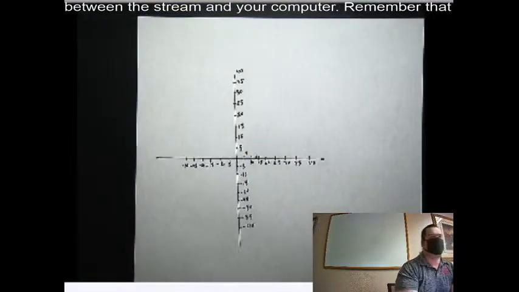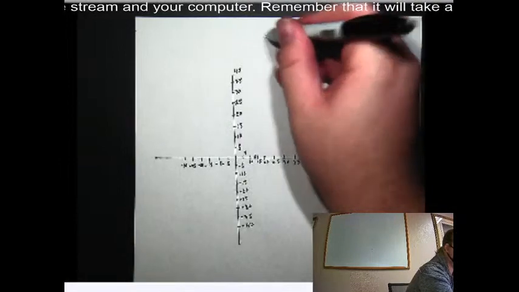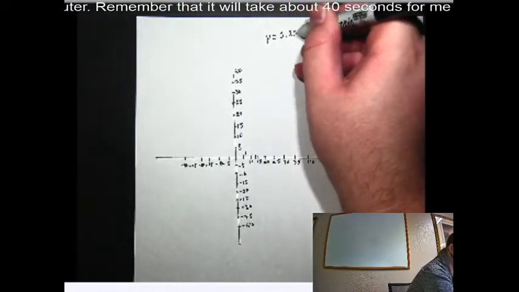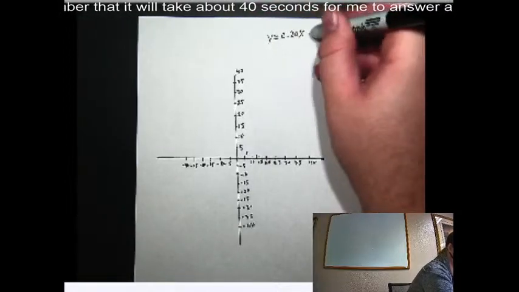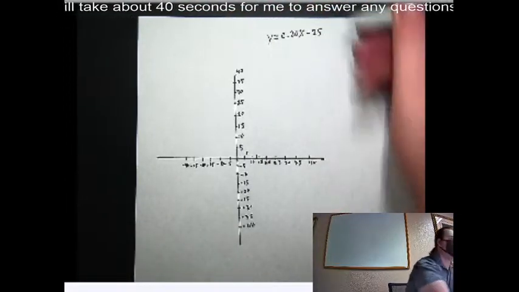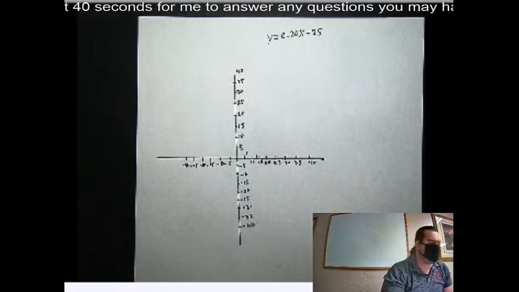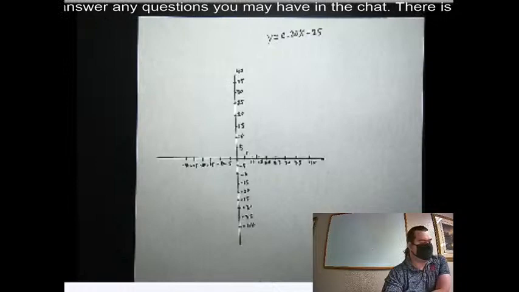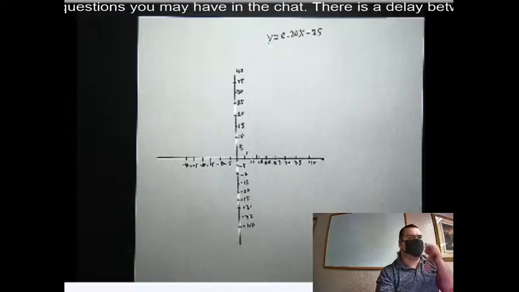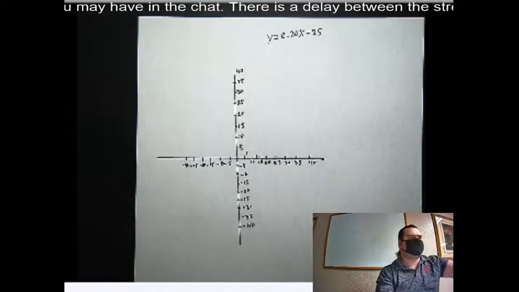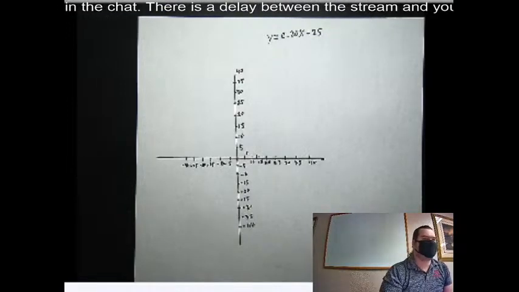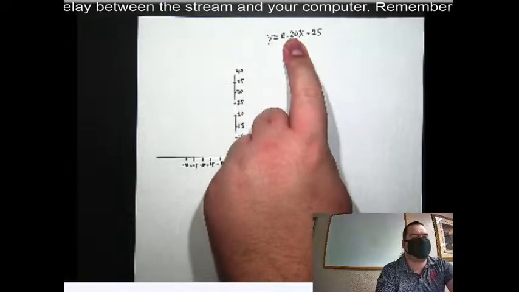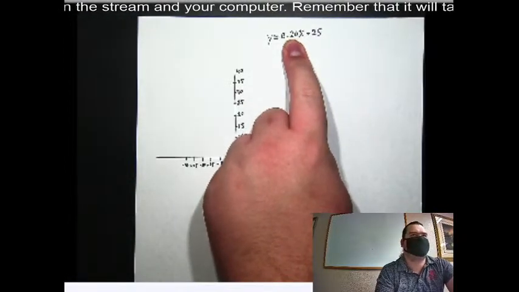So again, the formula, the equation that we found was y equals 0.2x plus 25. So here's how these things work when we graph them. First of all, we really ought to translate this into a fraction, and there's a good reason for that.